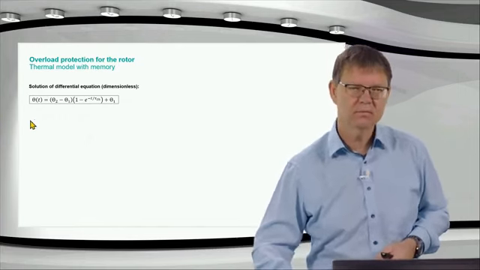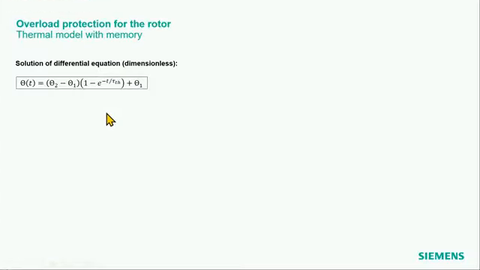And if this is 1, this is also what we show, 100% as a value on the display. This means the maximum temperature is reached for the stator and also here for the rotor. So I get such a differential equation if I have a jump in the load, or a jump in the current, in the end temperature, which is then going like an e function. You see here this e function.